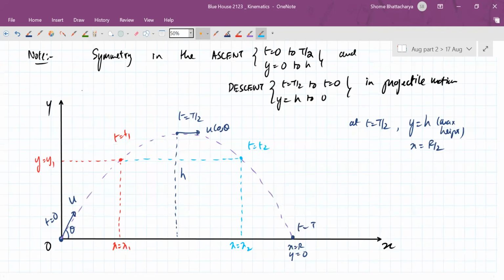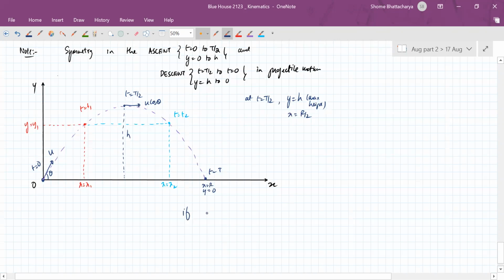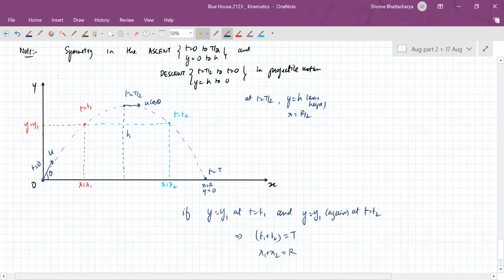If y equal to y1 at t equal to t1 and y equal to y1 again at t equal to t2, then it must imply that first of all t1 plus t2 is equal to capital T, and x1 plus x2 is equal to the range.